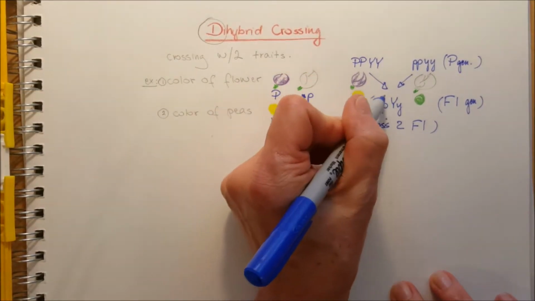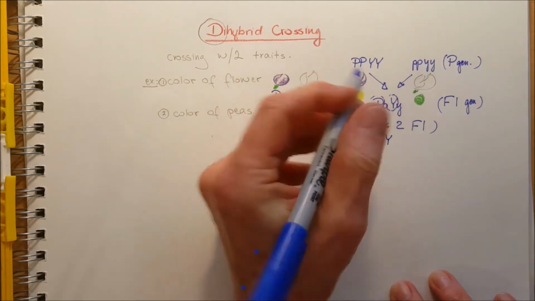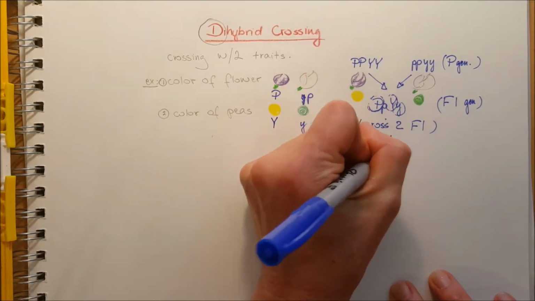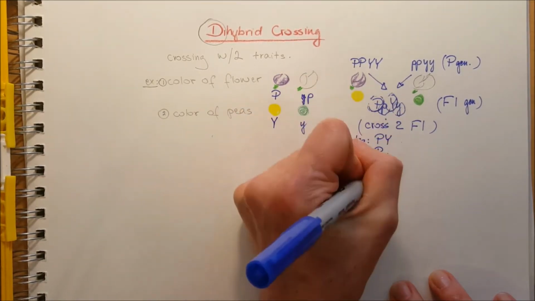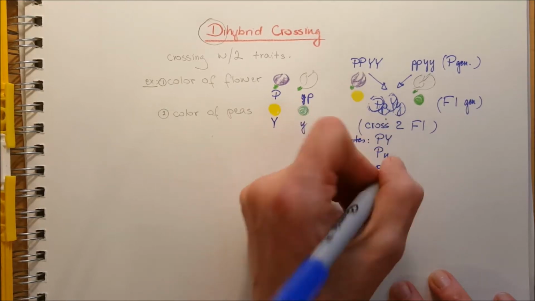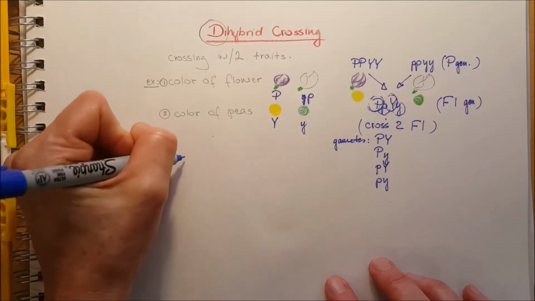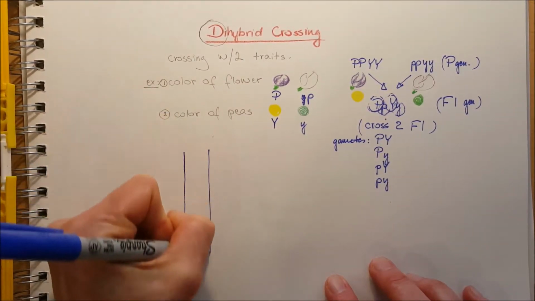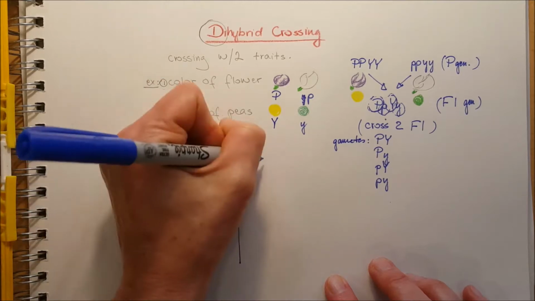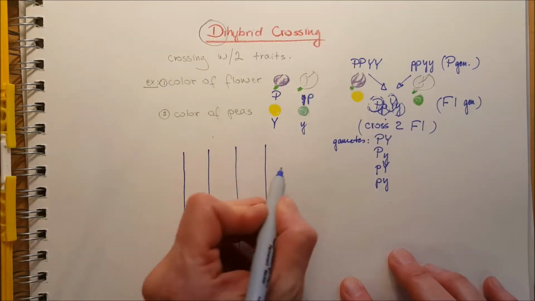Now, what will happen when we cross two F1 generation plants to have F2 generations? So the gametes can line up like capital P with uppercase Y, capital P with lowercase y, lowercase p with capital Y, and two lowercase letters. Now, make the Punnett square. This time, the Punnett square will be a little bit bigger.